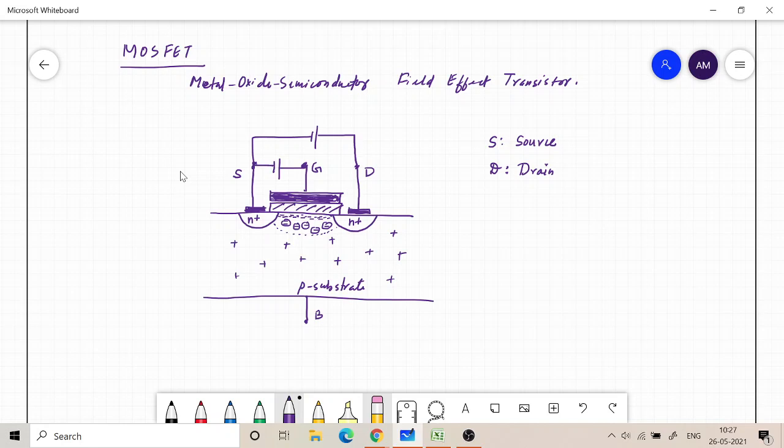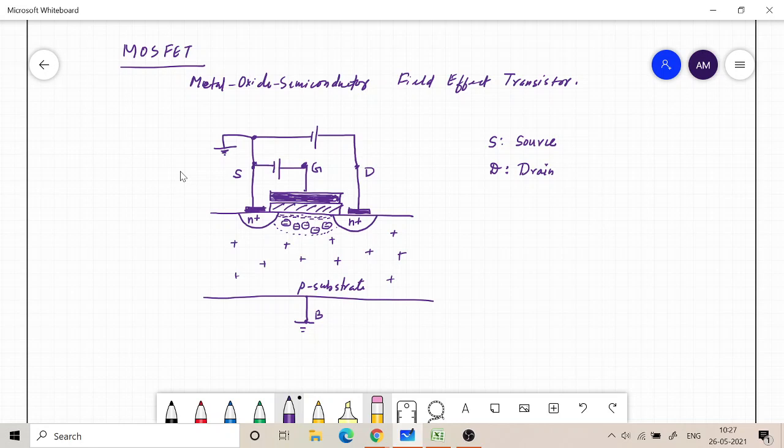So source is taken as the ground, the reference is taken as the source, and usually for NMOS transistor, when you use it in digital circuits, the bulk terminal, this is the fourth terminal, will also be connected to source, so that will also be grounded. So that is a common practice. But for PMOS transistor, the bulk terminal will also be connected to source.